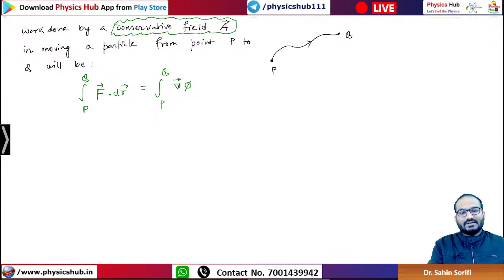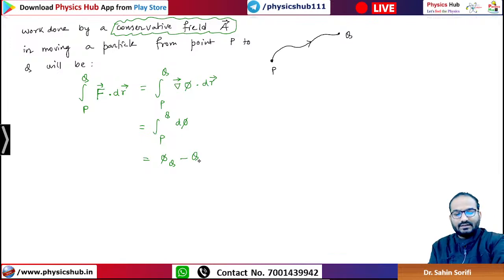So it can be written as the gradient of some scalar function, phi is some scalar function, dot dr. So what is this value? P to Q. This will become del phi by del r, d phi by dr. So dr is cancelled, so d phi. So this is phi evaluated at Q minus phi evaluated at P.